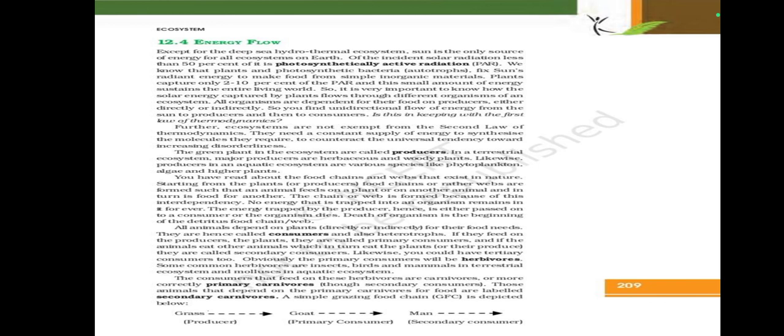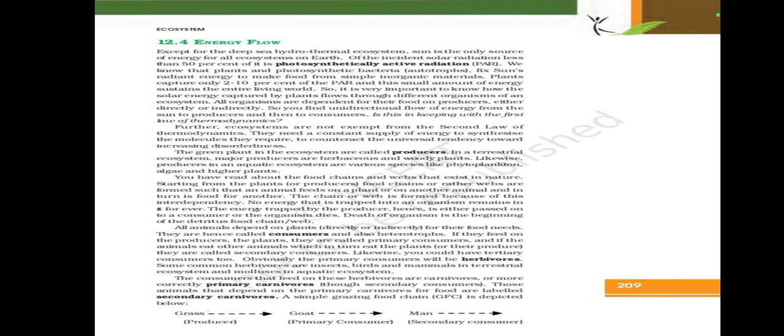The green plants in the ecosystem are called producers. In a terrestrial ecosystem, major producers are herbaceous and woody plants. Likewise, producers in an aquatic ecosystem have various species like phytoplankton, algae, and higher plants.